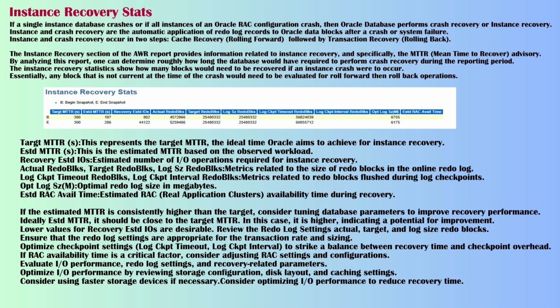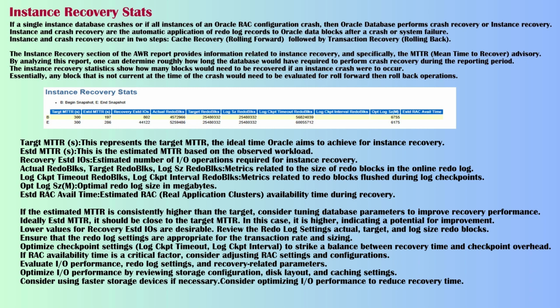Actual redo BLKS, target redo BLKS, log SC redo BLKS, metrics related to the size of redo blocks in the online redo log. Log CKPT timeout redo BLKS, log CKPT interval redo BLKS, metrics related to redo blocks flushed during log checkpoints. Opt log SC, optimal redo log size in megabytes. Estimated RAC avail time, estimated RAC, real application clusters, availability time during recovery.